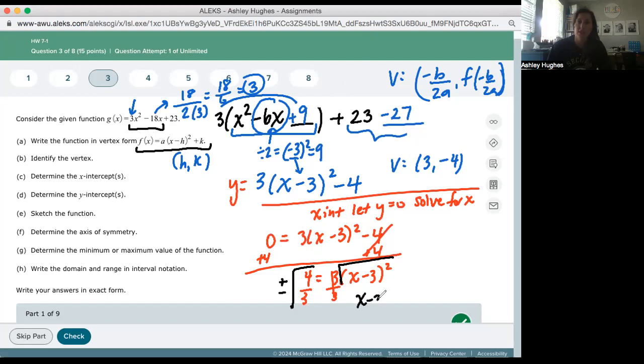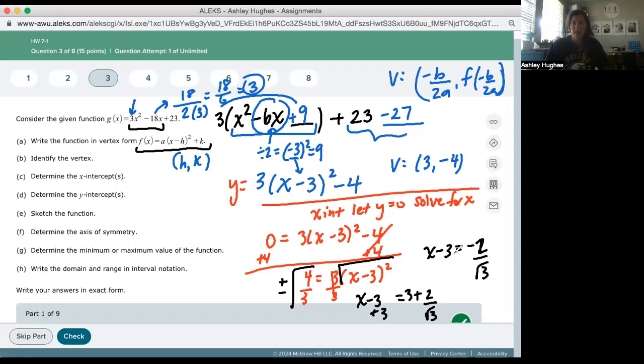So I got x minus 3 on this side equals, on the other side, I have positive 2 over the square root of 3. And I also have x minus 3 equals negative 2 over the square root of 3. Because the square root of 4 is 2. So then to solve this, I just need to add the 3 over. So we're just going to add 3.